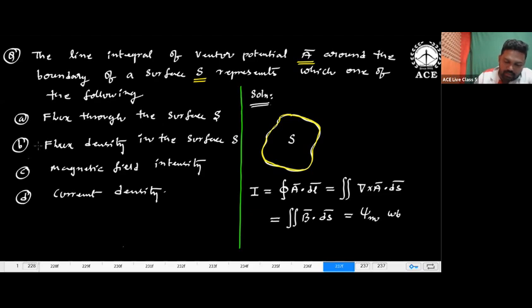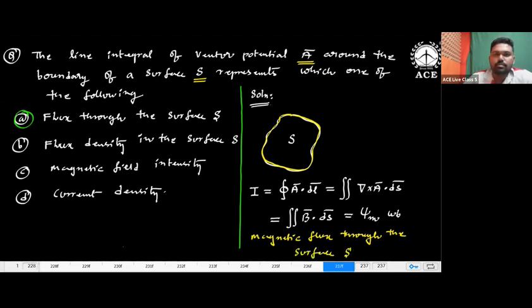So option A is the answer. Very good. Some of your friends have answered. So what is the more appropriate wording here? Magnetic flux through the surfaces.